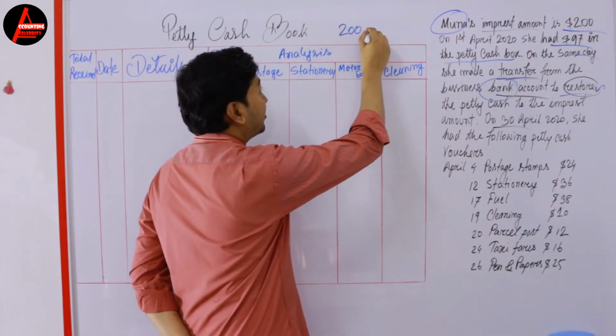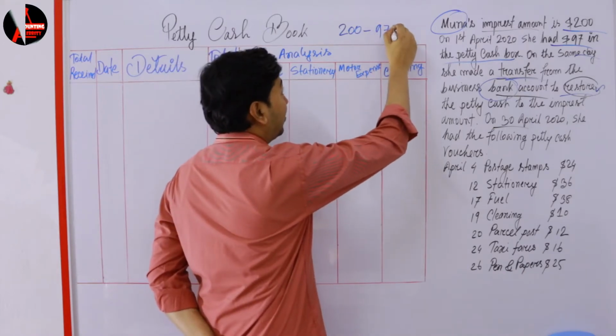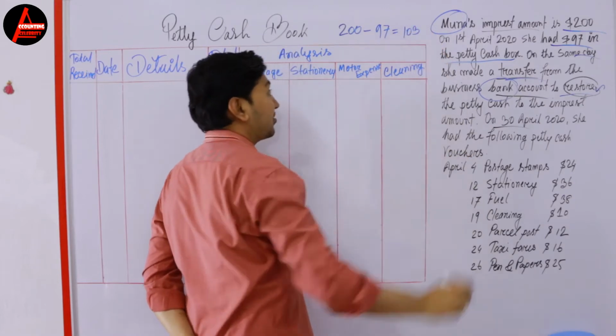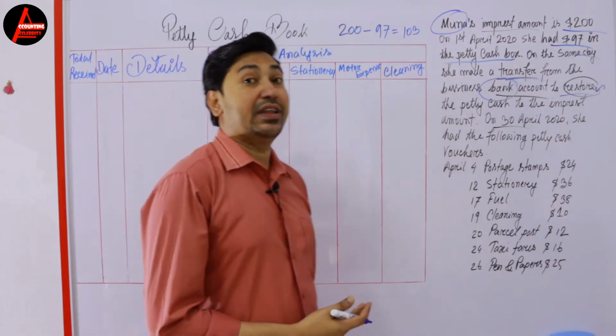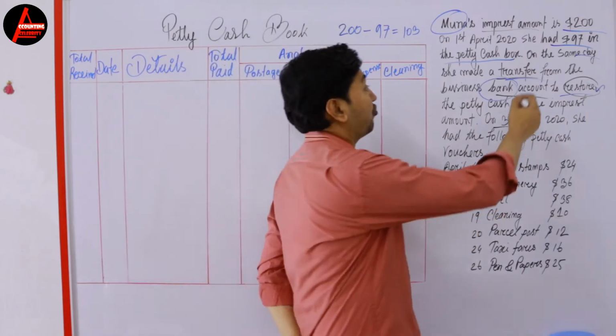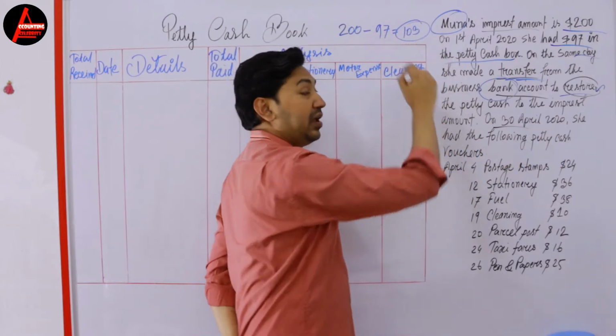From this $200, she had a balance of $97. So how much did she spend? She spent $103. So now she will take this amount. And how did she take it? She took it through a bank transfer. So this money will be bank.